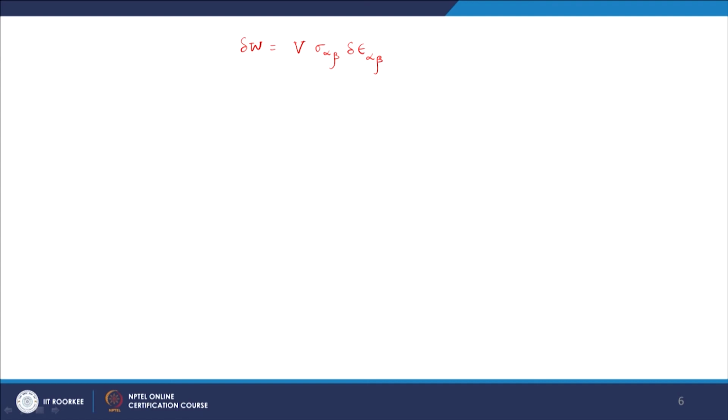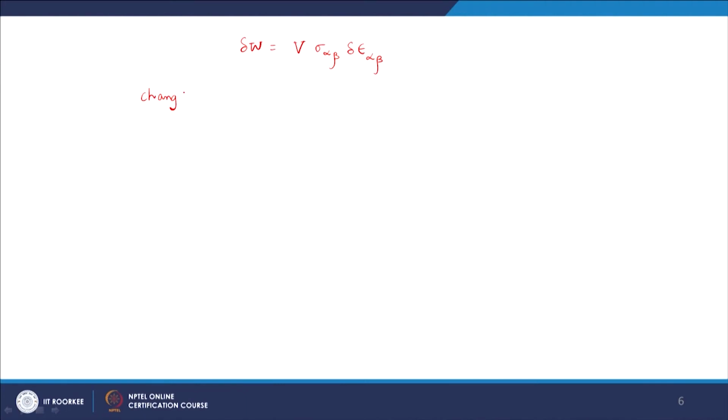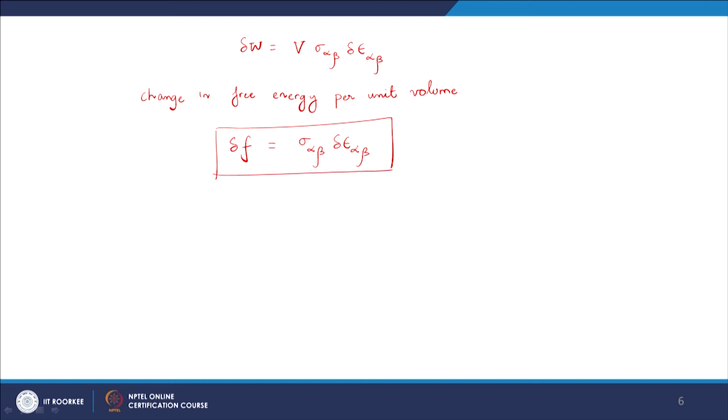So, if I want to relate now the work done to the change in free energy, what we do get is a change in free energy per unit volume as del F, that is equal to this. Okay.